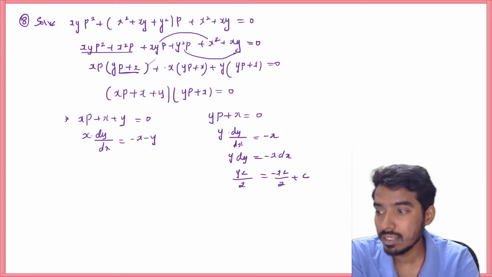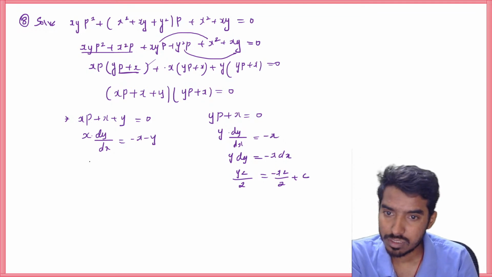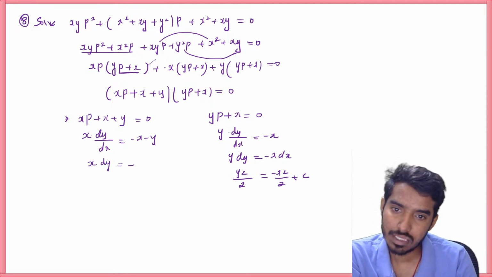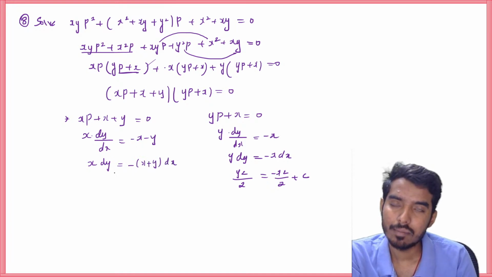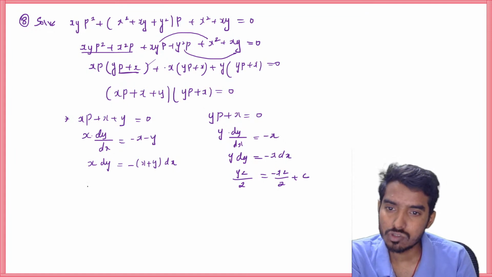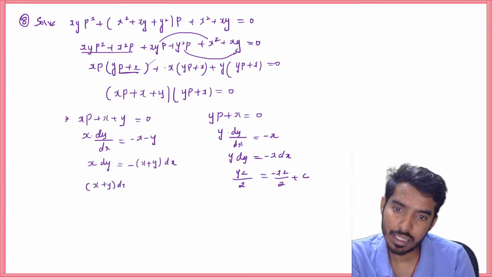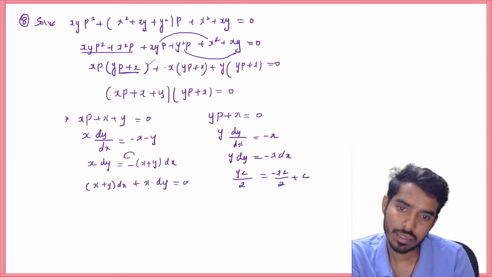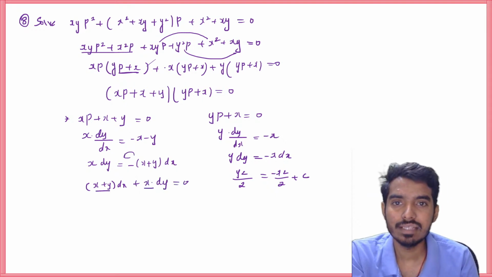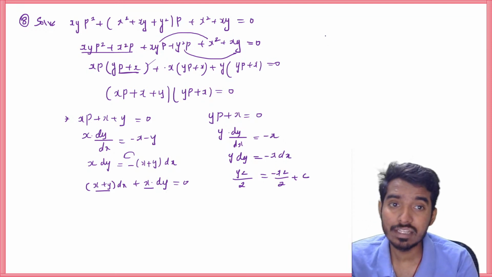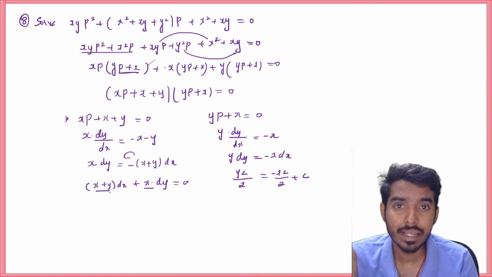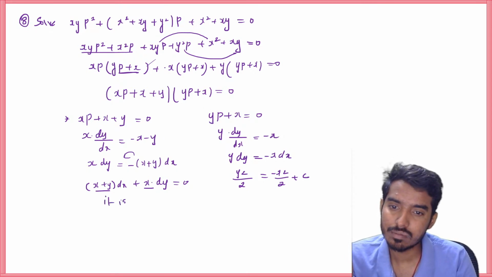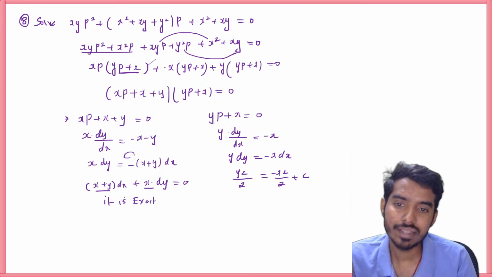Now here we need to find the other solution, right? Yes. Now this is x dy is equal to minus half x plus y dx. So here it is of the form m dx plus n dy, and you can see it is an exact differential equation, right? Because dou m by dou y is equal to dou n by dou x. It's exact. You can check it out, right?